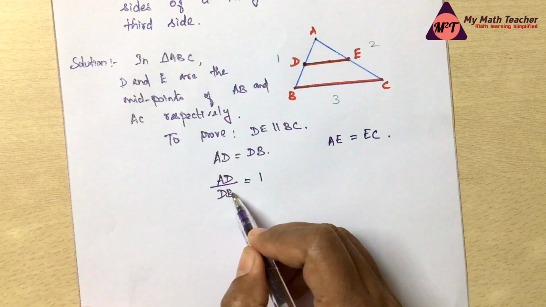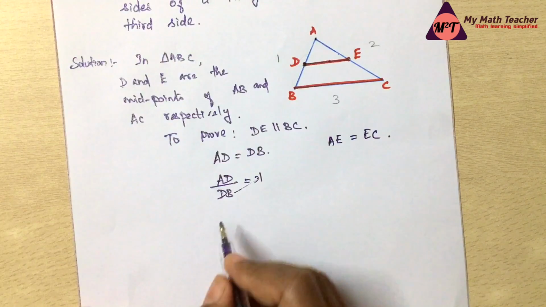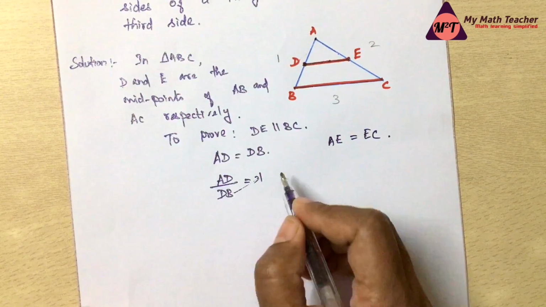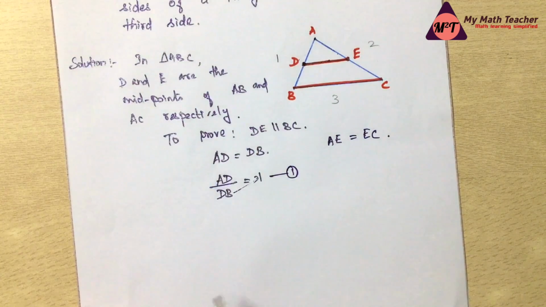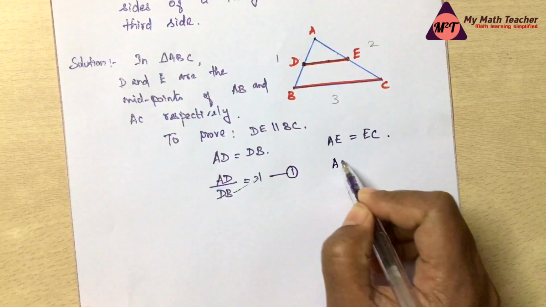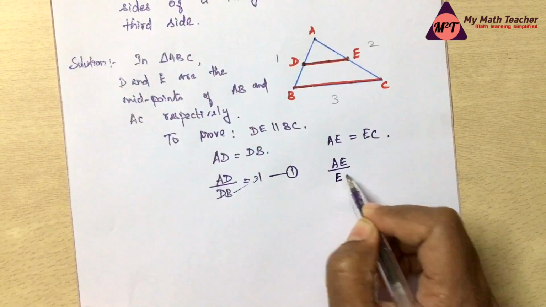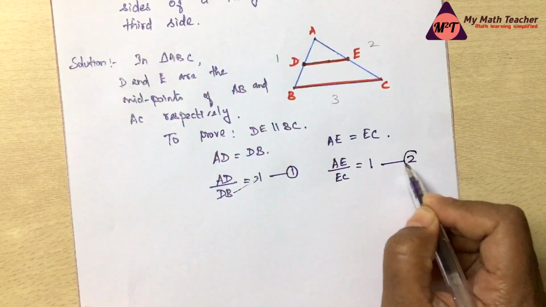Just multiply DB when it goes to the other side, 1 into DB will be DB. Now, AD divided by DB is equal to 1. This is considered as equation number 1. Here the same way AE is equal to EC, so AE divided by EC is equal to 1. This is considered as equation number 2.